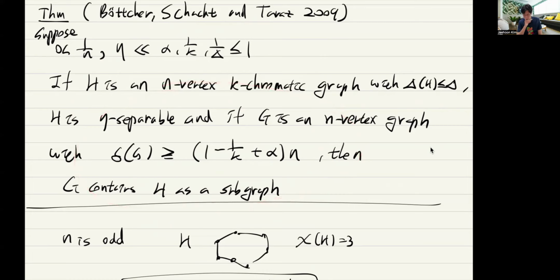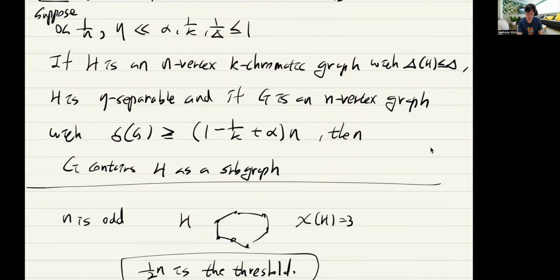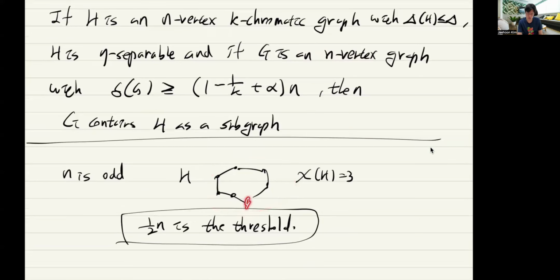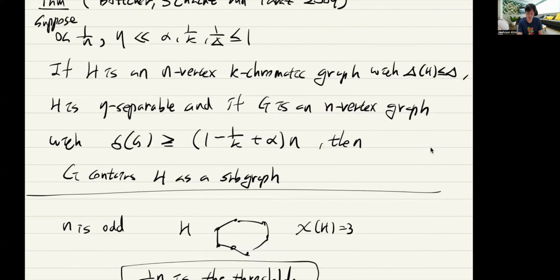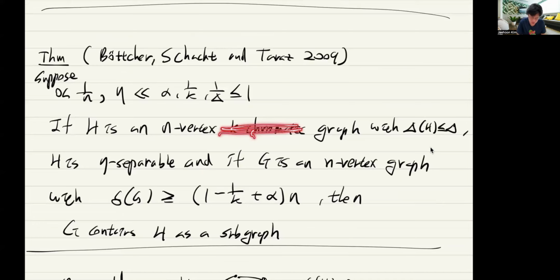Here, you just delete one vertex and it is bipartite. So instead of being k-chromatic, you delete a very small number of vertices, and then it becomes k-chromatic, and it is okay.